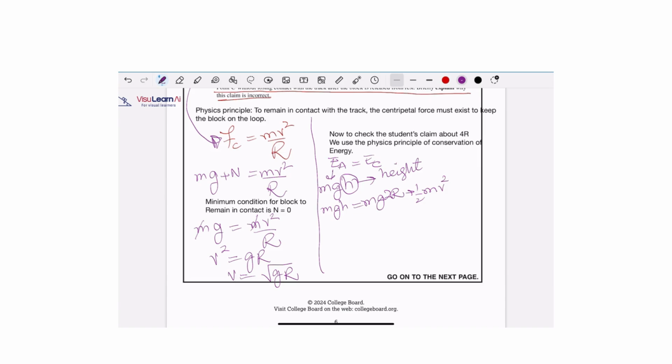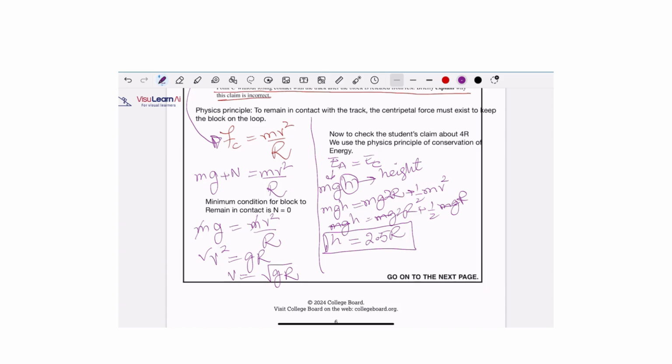And then v is the v that we just calculated, v squared equal to gr. Substituting it back in, this simplifies because the mg's cancel out. We quickly get that h equals 2r plus half r, so that's 2.5r. This is not equal to 4r. Instead, h is equal to 2.5r.